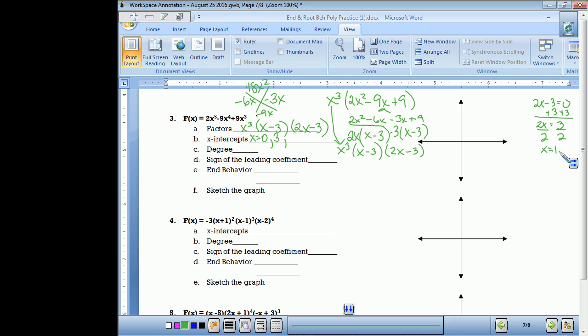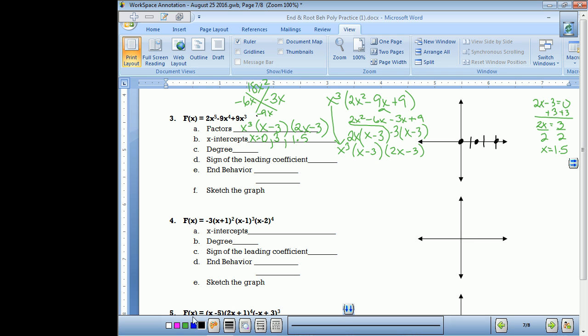So x equals 3 halves, which is just 1.5. So it wouldn't be negative? Sure, never mind, my fault. Alright, so 1, 2, 3 is good enough. I have a 0 at 0. I have an x-intercept at 0, an x-intercept at 1.5, and an x-intercept at 3.